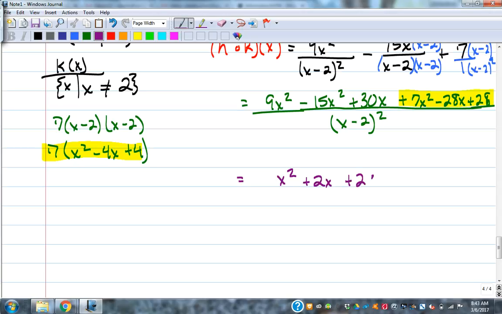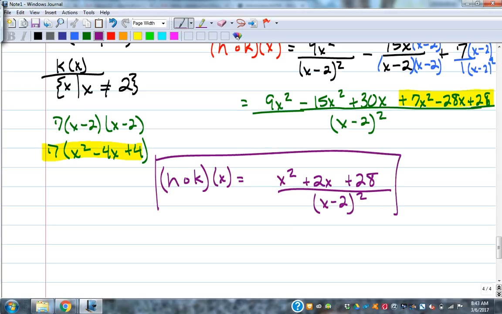And then plus 28 over x minus 2 squared. So there's our composite function. It simplifies down to look pretty decent as far as that goes.